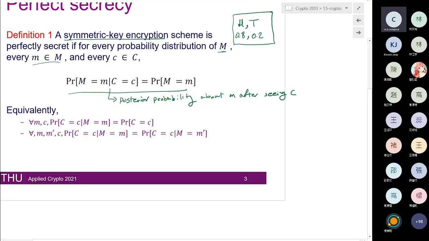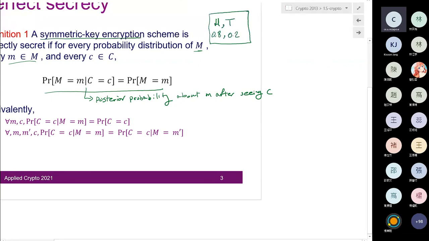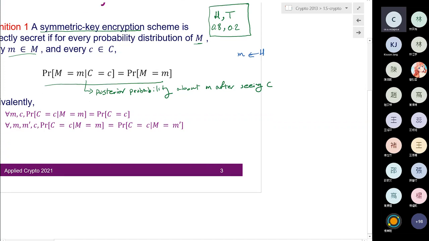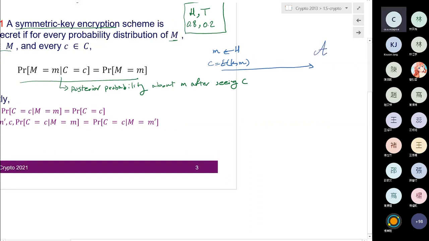So going back over here, imagine we want to design this scenario and the user gets a message, let's say the message is head. And then we encrypt this message, so C equals E encrypted with K, and then send this C over to the adversary.